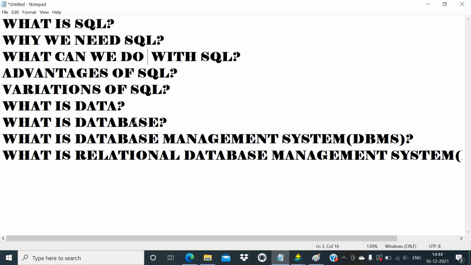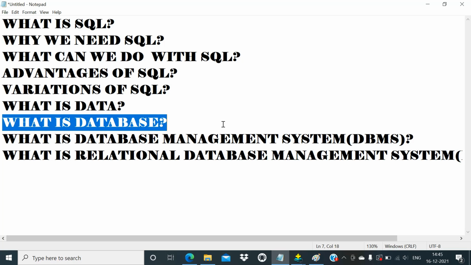If we take a particular pixel, 16 megapixel or 64 megapixel, coming to RAM 8 GB or 64 GB, and coming to battery 1000 mAh or 10,000 mAh. So the raw fact which describes the properties of an entity. Here entity is nothing but the mobile phone. Properties are nothing but all these: RAM, ROM, camera, battery. Data is a raw fact which describes the properties of an entity.